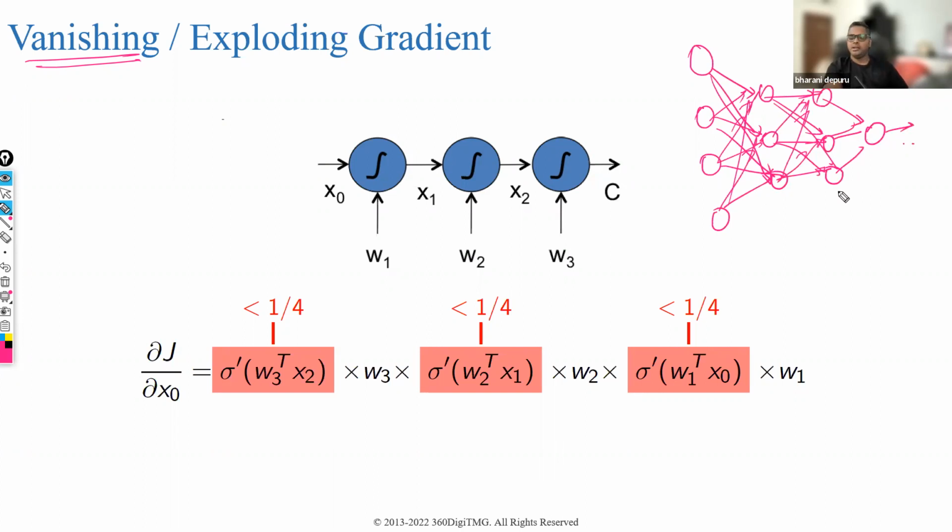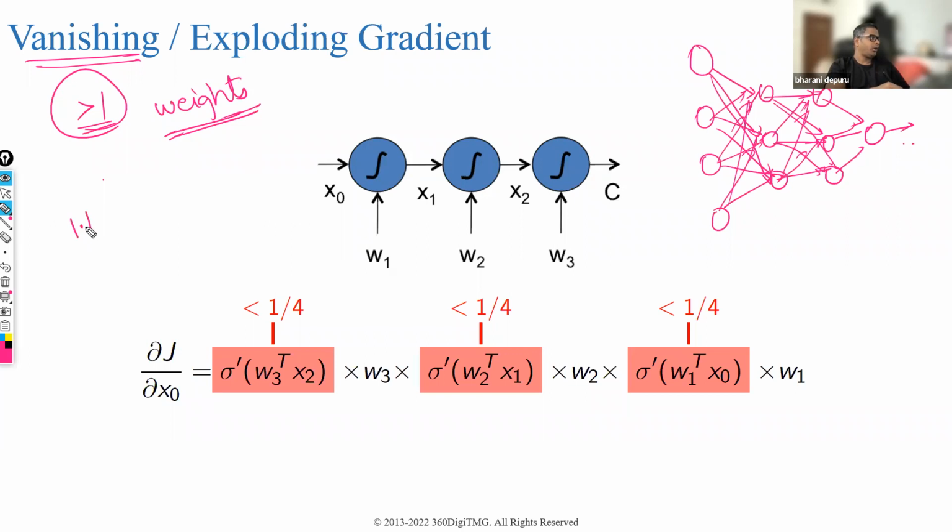All these weights are randomly assigned, and if these weights are greater than 1, then what happens?